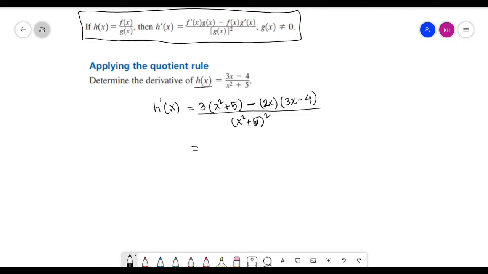So the top is going to be 3x squared plus 15 minus 6x squared plus 8x, divided by x squared plus 5 whole square. We can simplify it further.